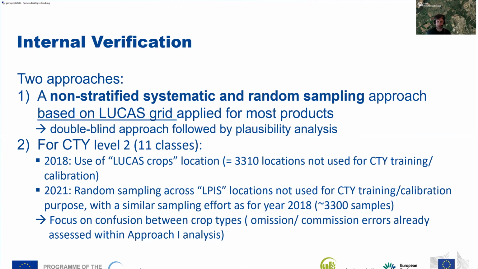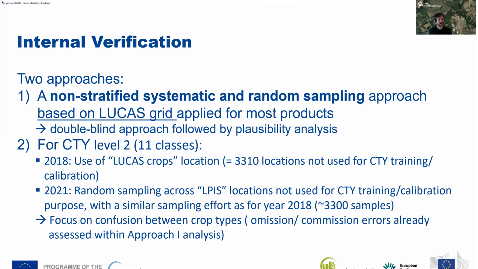Here, LPIS locations that were not used for the training are used. And a similar sampling effort is used so that the checked samples have the same amount as the Lucas locations checked for 2018.